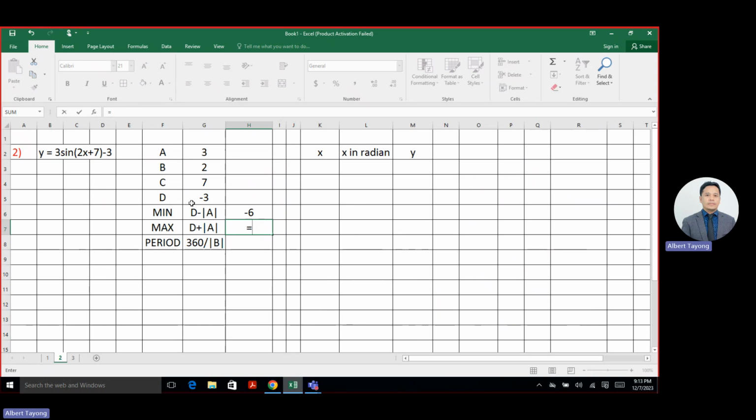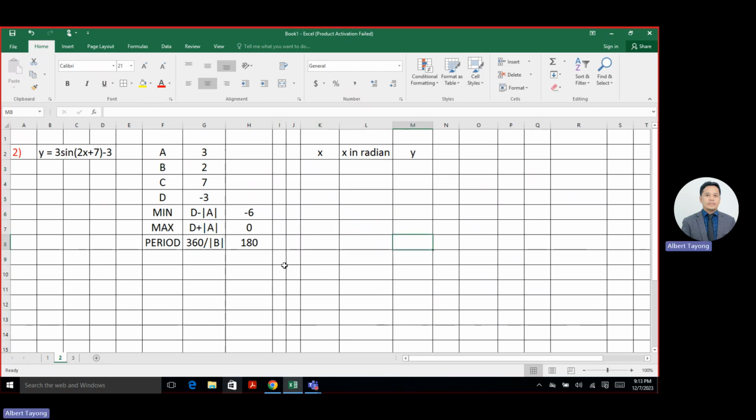And here we have D, or you can write -3 plus our A, 3. So the maximum is 0. Our period is equal to 360 over B, which is 2. So we have 180.